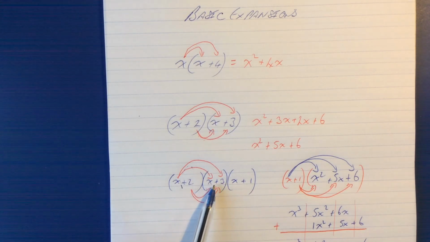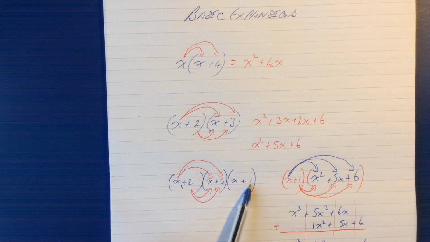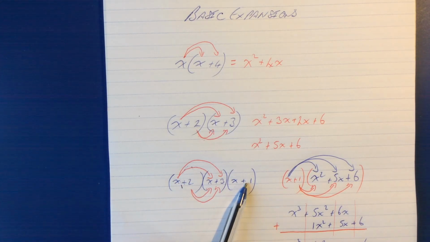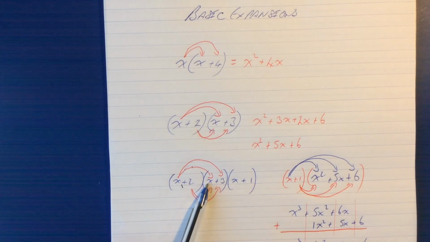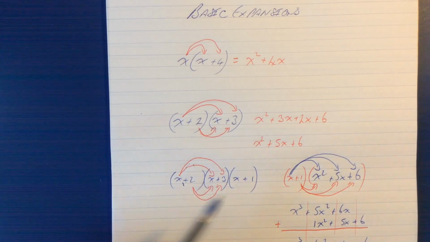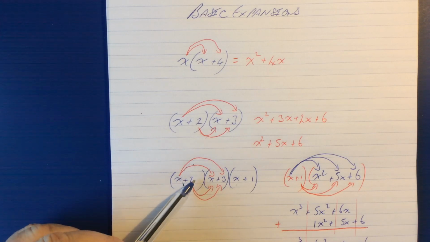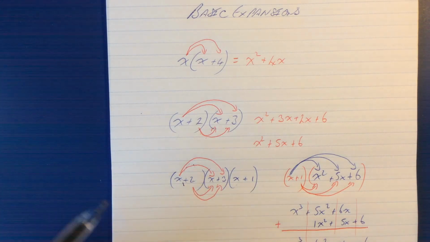Now, one of the reasons that I chose to multiply these first was because I could see that this was very easy to work with. I'm multiplying by 1 and by x. It's incredibly easy. Multiplying by x and by 3 is a little bit harder. There's not an example of this in here, but multiplying by 2x and 2, for example, would be harder again.